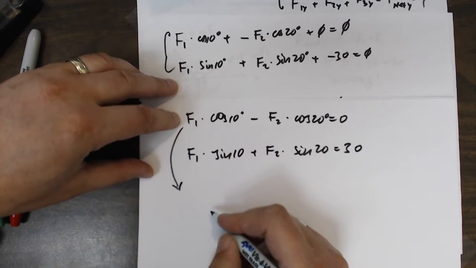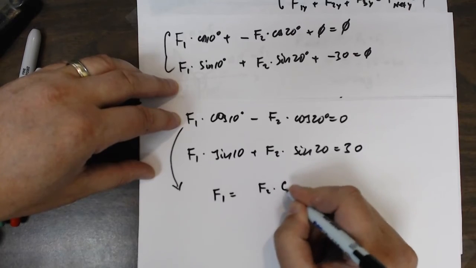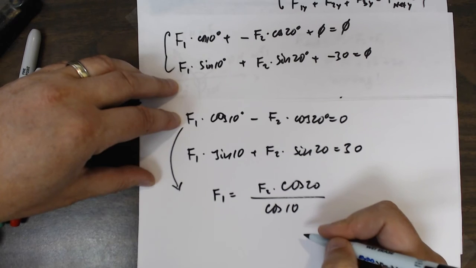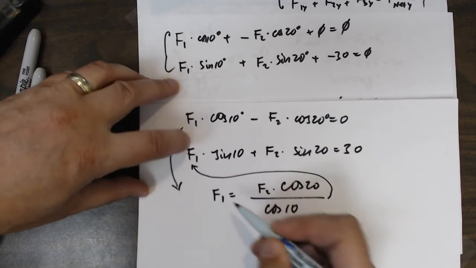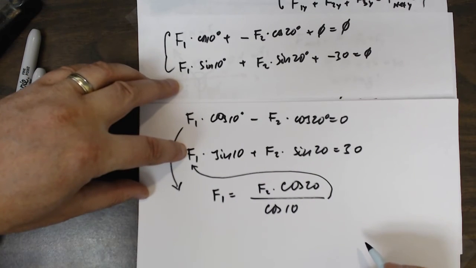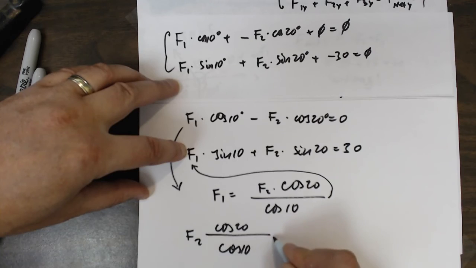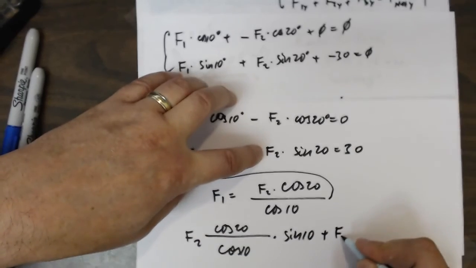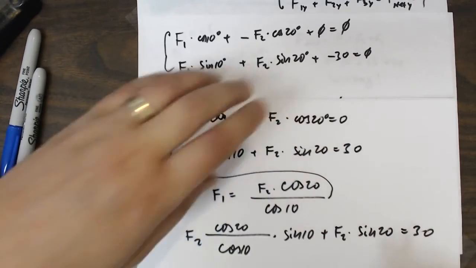From this equation, F1 will be equal to F2 times cosine of 20 divided by cosine of 10. And now we can use this expression to replace the magnitude of the force number one in the second equation. F2 cosine of 20 over cosine of 10 times sine of 10 plus F2 times sine of 20 equals 30.